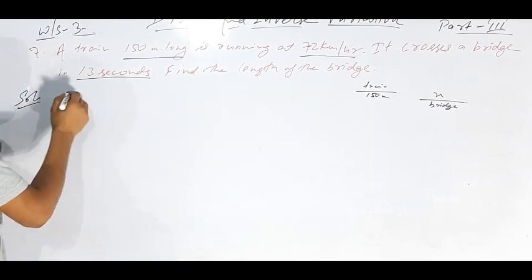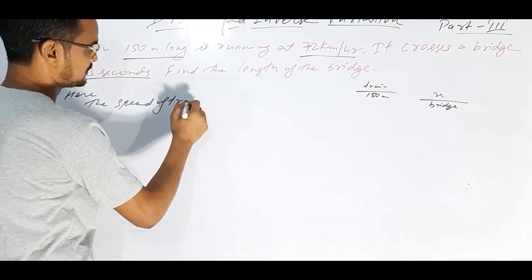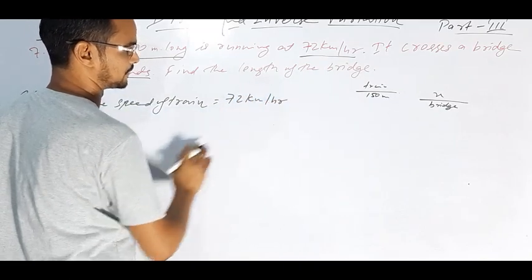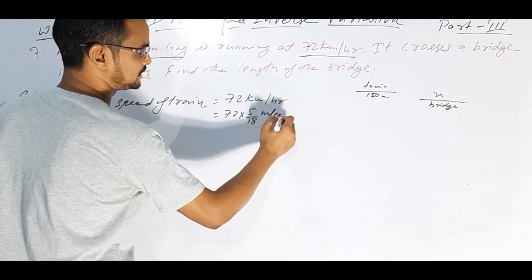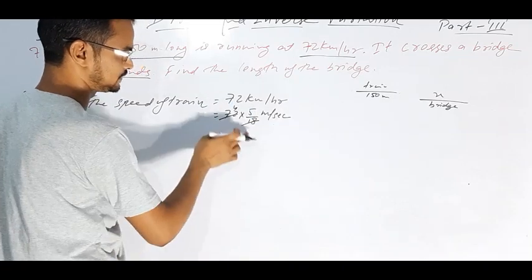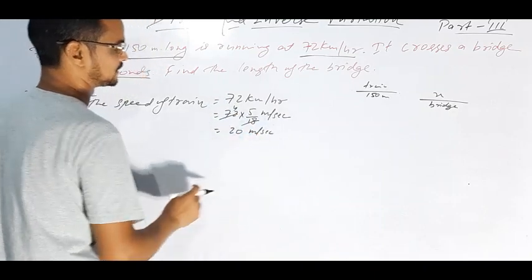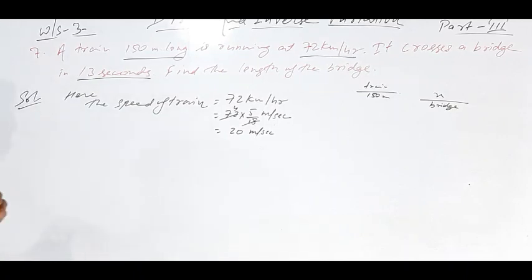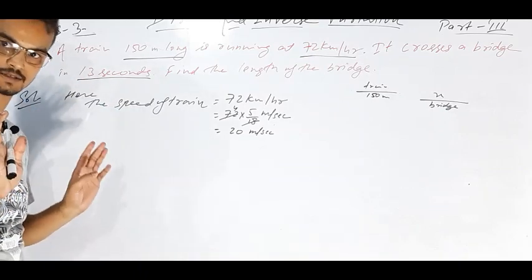Now here the speed of the train is equal to 72 km per hour. We have discussed that it is multiplied by 5 by 18 to get meter per second. 18 4s are 72, that is 4 5s are 20 meter per second, and the speed of the train is 20 meter per second. It is easy to say that this train will travel 20 meter in 1 second. Clearly?